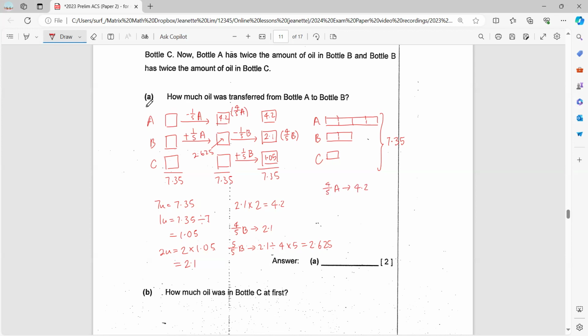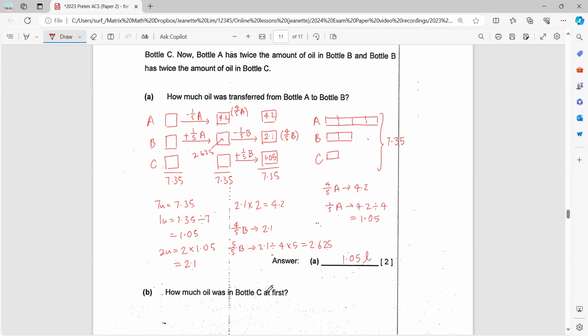We want to find the amount transferred, so we're finding 1/5 of A. 1/5 of A is 4.2 divided by 4, which is 1.05. So the answer is 1.05 liters.